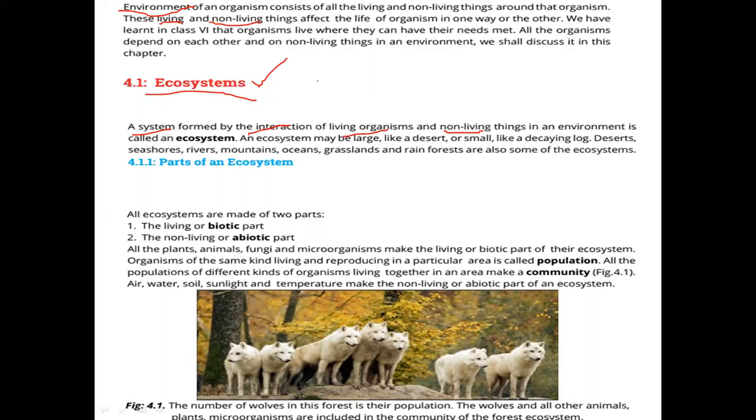Ecosystem is derived from the Greek word oikos, which means home. So it means where the living organisms live and interact with living and non-living things. That means the system of a home where the living organisms live.